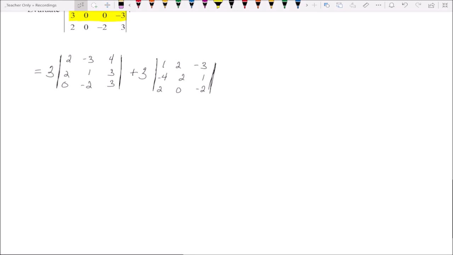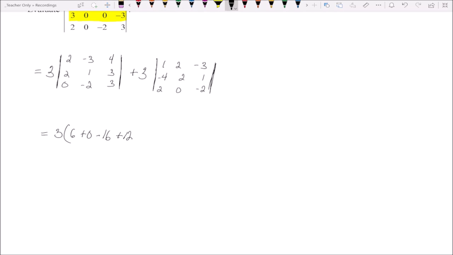Now we could try and do cofactor expansion on these two matrices. However, we do have a technique already for 3 by 3 determinants, so let's use that technique. We get 2 times 1 times 3 is 6, plus 0, plus 4 times 2 is 8, times negative 2 is negative 16. Then 2 times 3 is 6, minus 2 is negative 12, so minus negative 12.